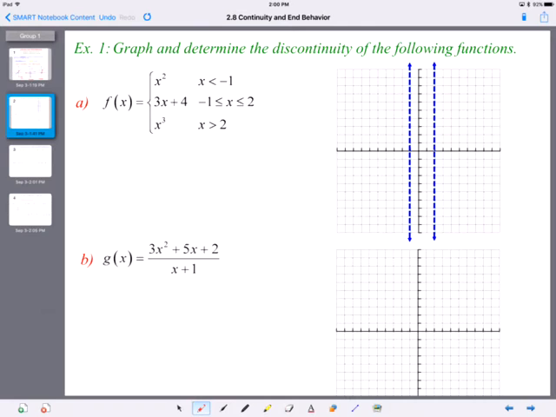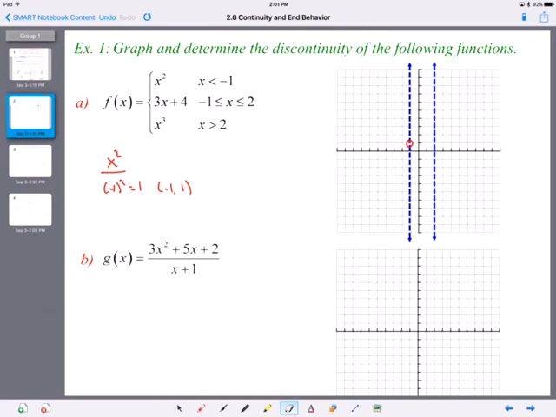So x squared, so we want to graph values of -1, so your input is -1, and your output is 1. So at -1, 1, it's an open circle because it's not included, or it's not equal to -1.